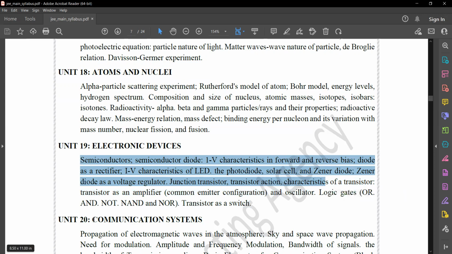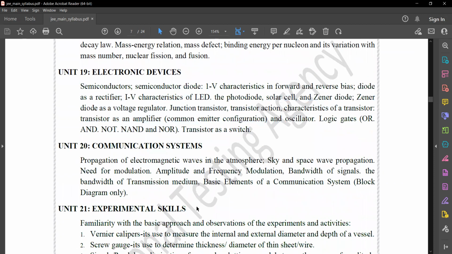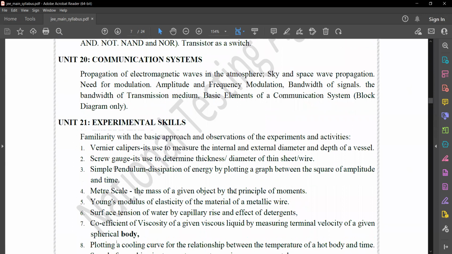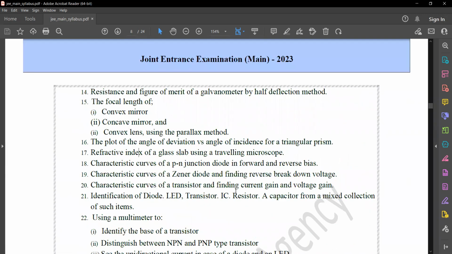The 15th chapter is communication system: propagation of electromagnetic waves in the atmosphere, sky and space wave propagation. So in the old NCERT book, these things are there. Need of modulation, amplitude and frequency modulation, bandwidth of signals and of transmission medium, basic elements of communication system, block diagram only. Experiential skills: all the experiments, some questions will come from the experimental knowledge also.